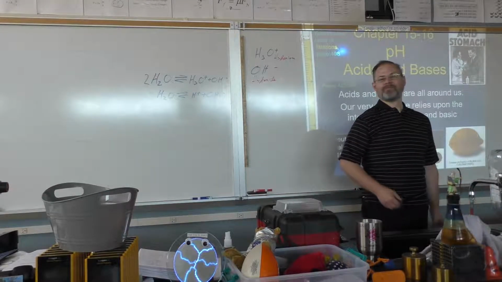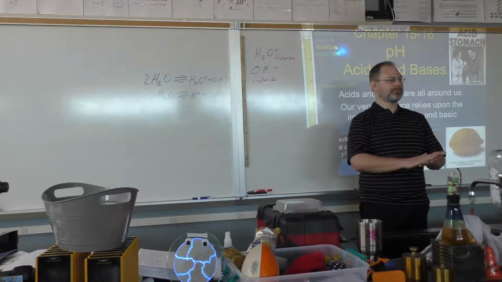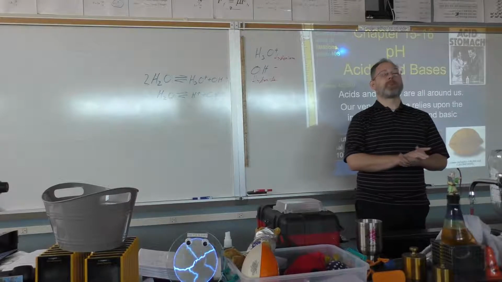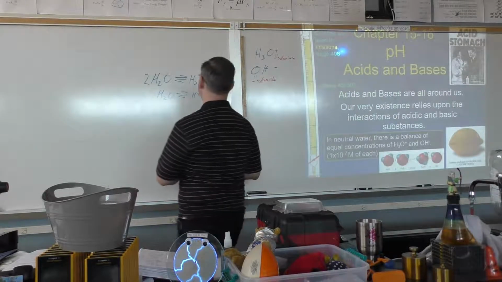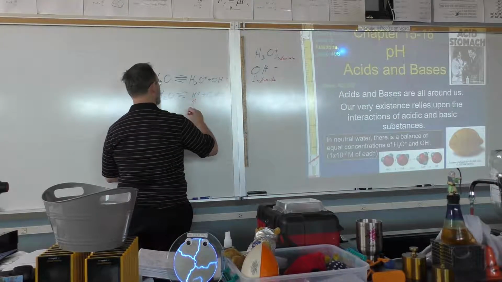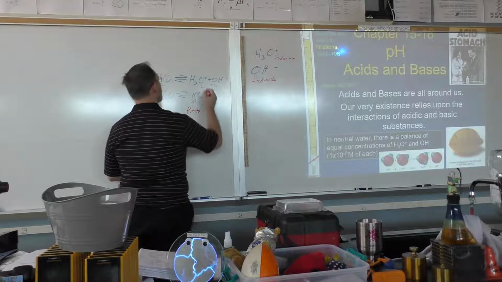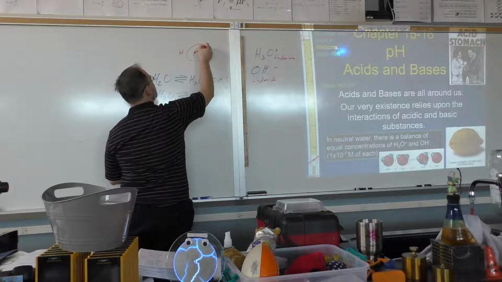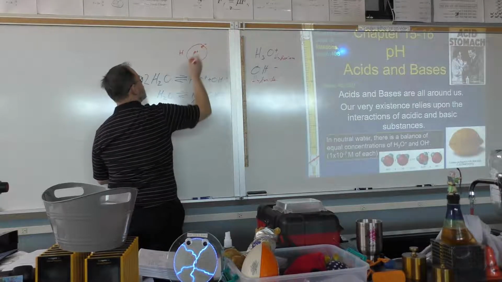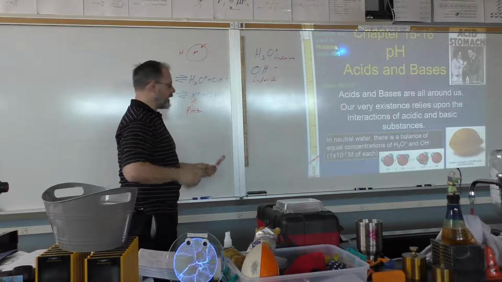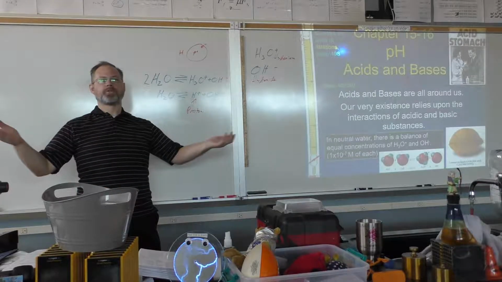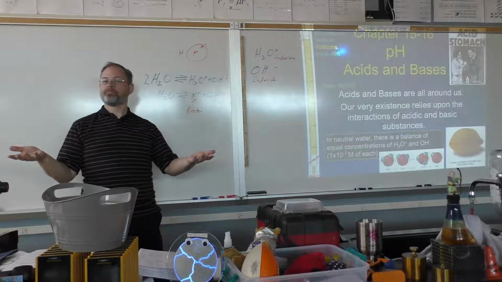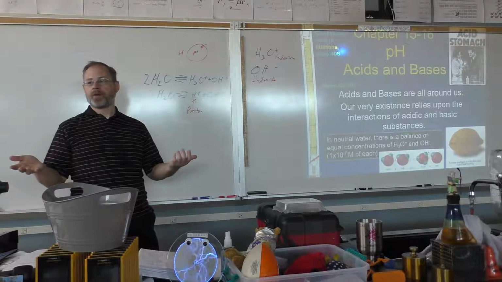What is the H plus ion? It's a proton, exactly. The H plus ion is a proton, and that's all it is. Remember, hydrogen is a single proton surrounded by a single electron. You take away that electron, and you're left with H plus, and it's just a proton. Capiche? All right. How are we doing so far?